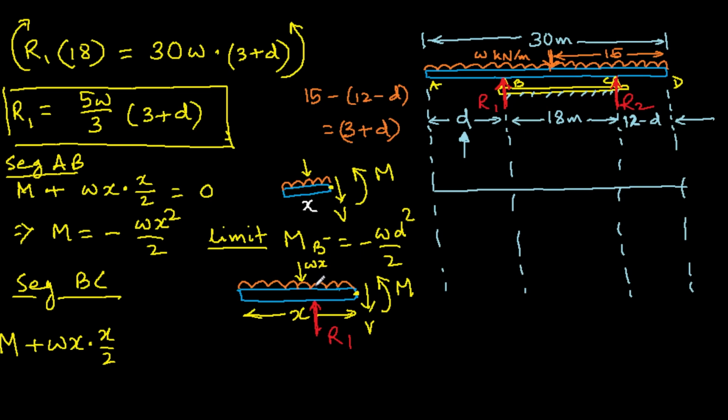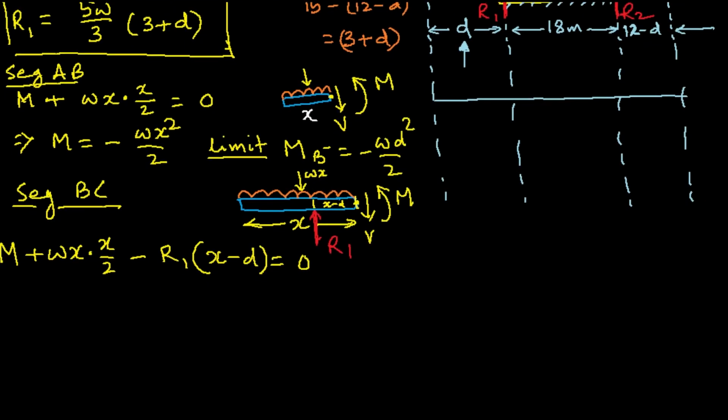That is the moment, minus R1 times the distance x minus d, from here to here, is equal to 0.